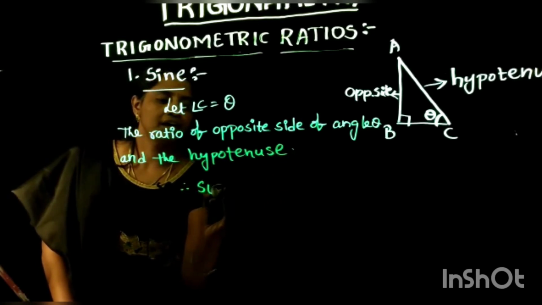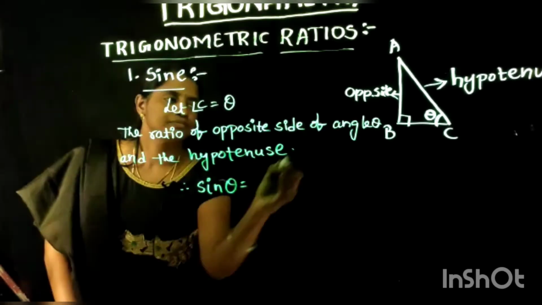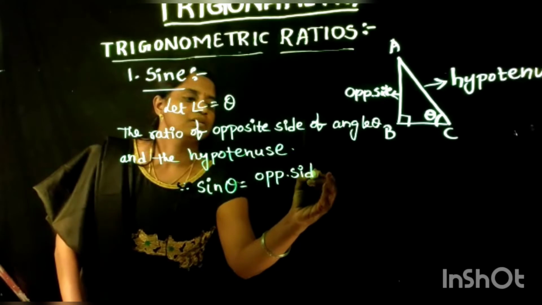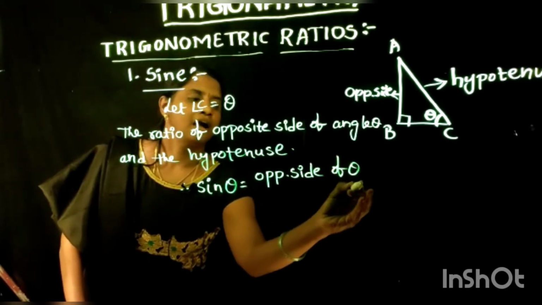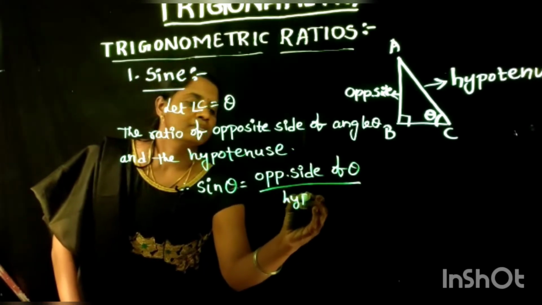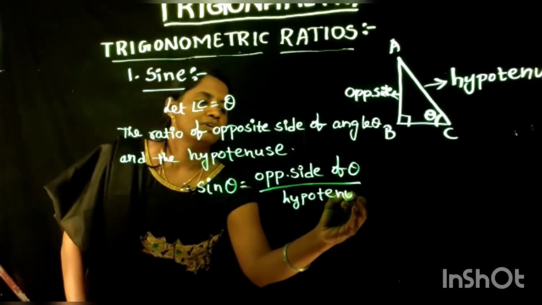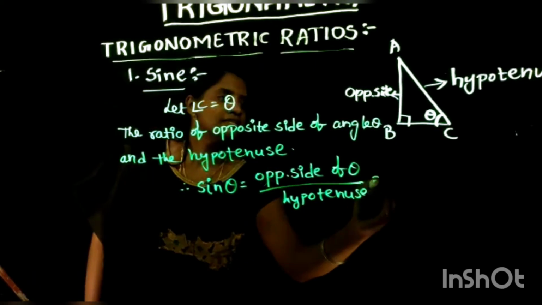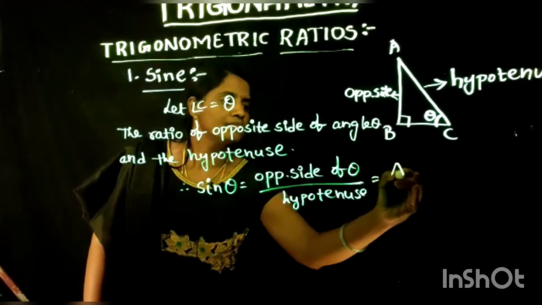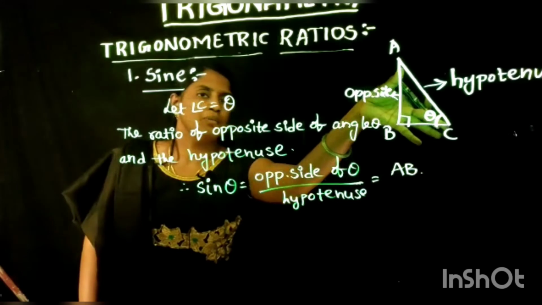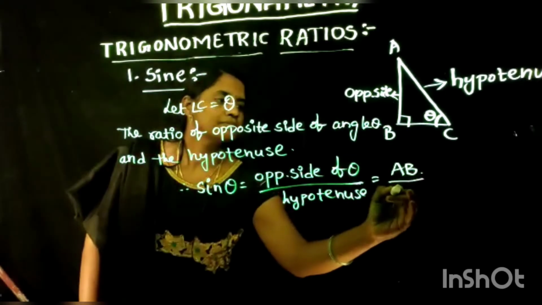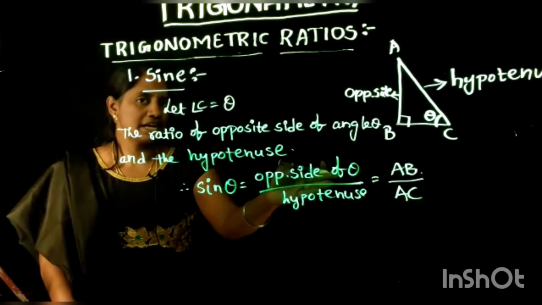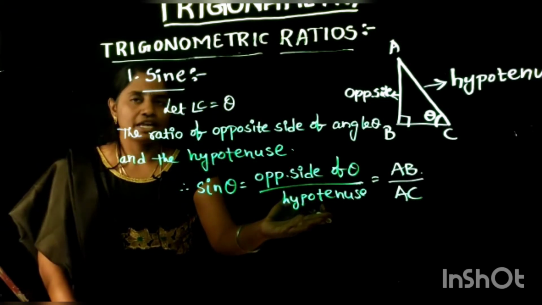Therefore, sin theta is equal to the opposite side of theta by the hypotenuse. What is the opposite side in triangle ABC? It is AB. What is the hypotenuse? AC. This is the definition of sin theta: opposite side of theta by hypotenuse.